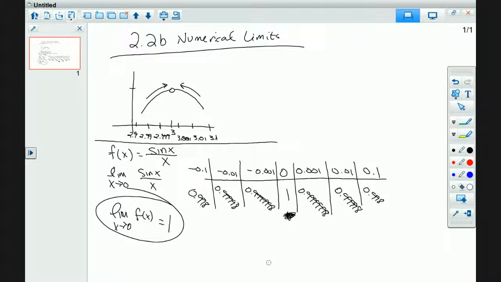What happens if these numbers don't go to the same spot, and you don't know how to get this? Let's try this real quick.